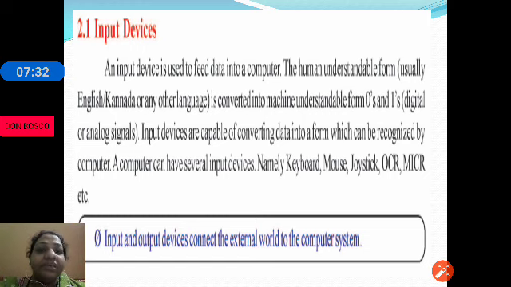There can be many devices connected to a computer system, namely keyboard, mouse, joysticks, OCR, OMR and MICR. These are some of the input devices. They also say that input and output devices connect the external world to the computer system, because the data or information about the external world can be fed into the computer using input devices.